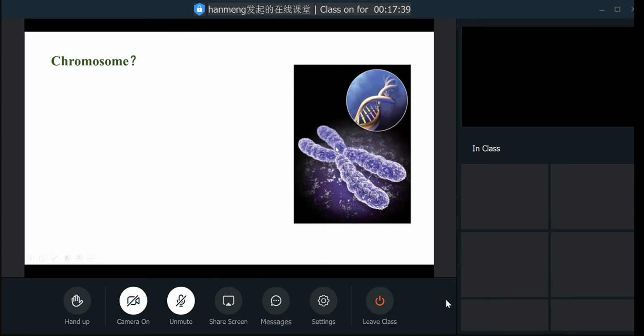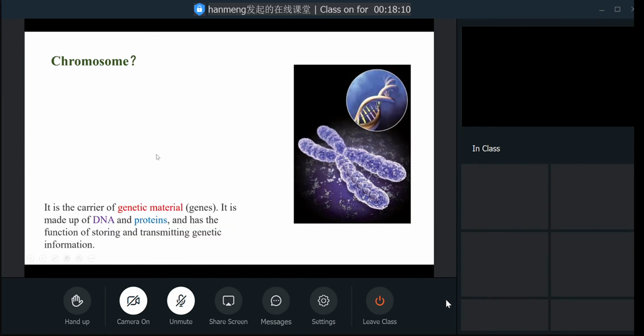Here from the picture, we can see this is a chromosome with 2 chromatids. But the gene is a functional DNA sequence and its flanking sequence. The gene is located on the chromosome, but the chromosome has proteins besides the DNA sequence.